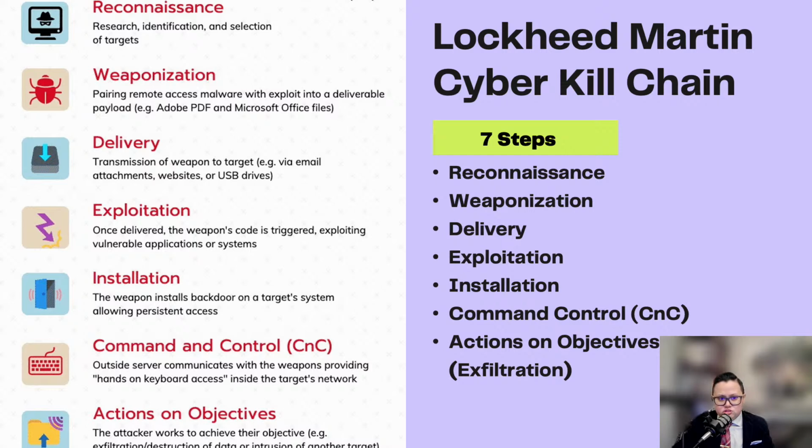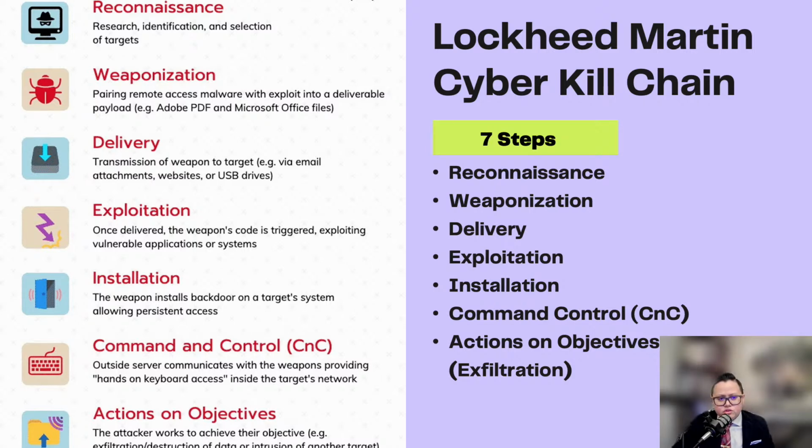So beginning with the first step is recon. We can see how that got its inspiration from the military kill chain model that began with the find step, which is finding the target via recon and surveillance, so on and so forth.